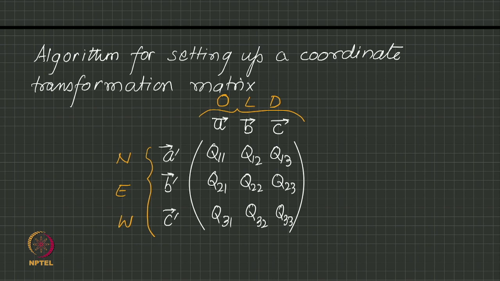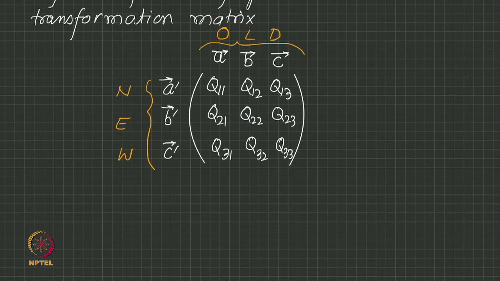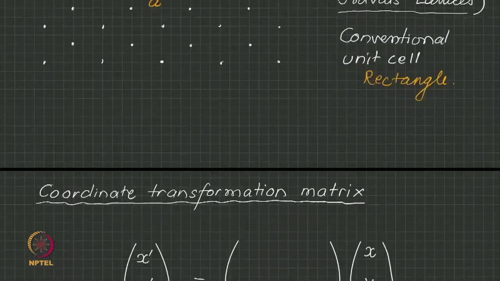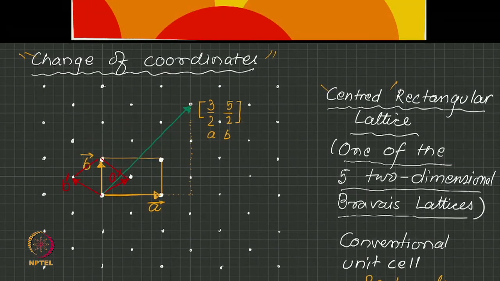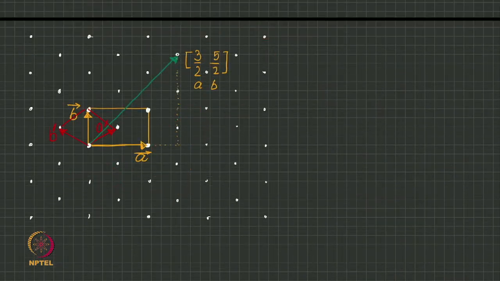So, the first row is the first component with respect to the new basis, the second row is the second component with respect to the new basis, the first column is the first old vector A, the second column is the second old vector B. If we have done this, then our job is done and we can now get back to our problem, our example. So, let us write down now our coordinate transformation matrix Q for this problem.